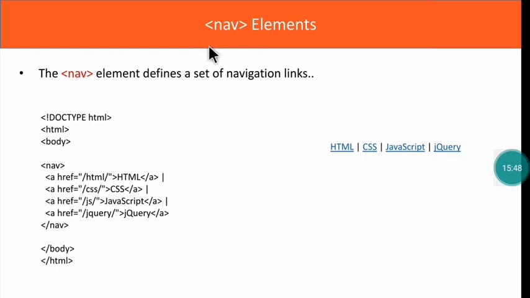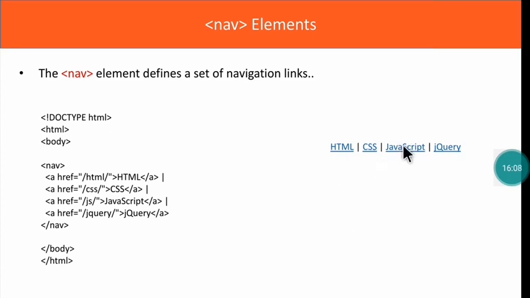Then the navigation tag, or the nav element. The nav element defines a set of navigation links. When you open any web page, you will find some menus like HTML, CSS, JavaScript, which have links. Once you click on HTML, you will go directly to the HTML page. Once you click on CSS, you will go directly to the CSS page.